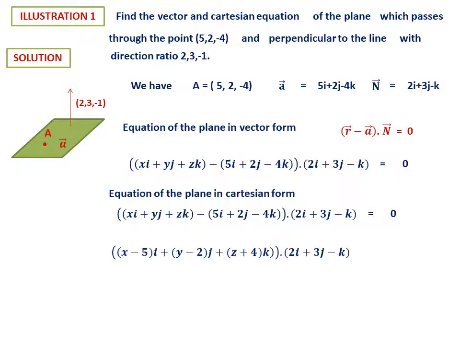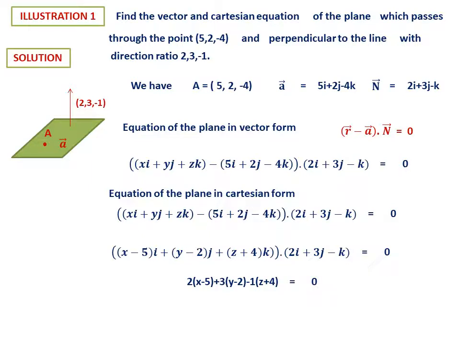Now simplify this. When you simplify, what happens? (x minus 5) times i, (y minus 2) times j, plus (z plus 4) times k, that will be the first vector, dot 2i plus 3j minus k, equal to 0. Now once again, two vectors dot product, so just simplify. Therefore this will be 2 into (x minus 5) plus 3 into (y minus 2) minus 1 into (z plus 4), equal to 0.